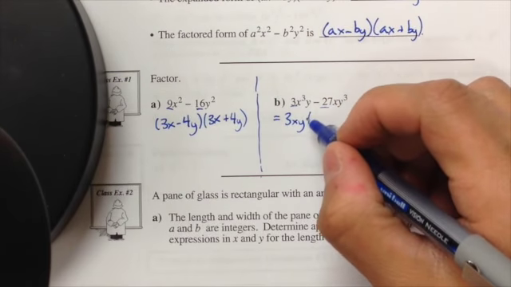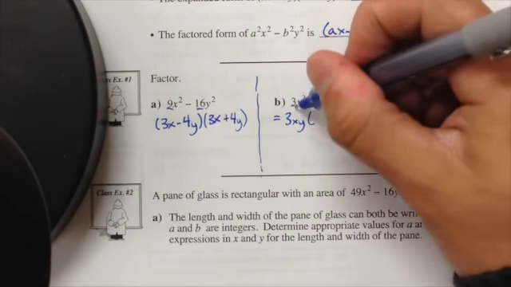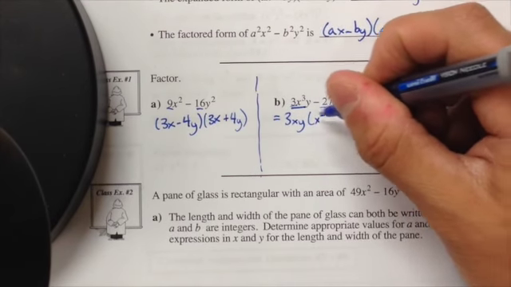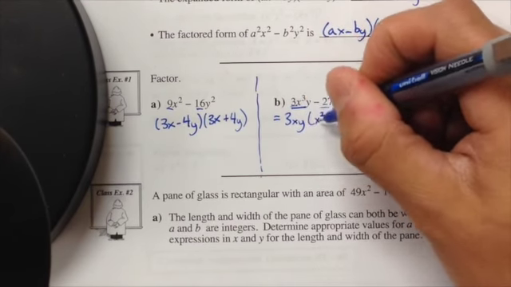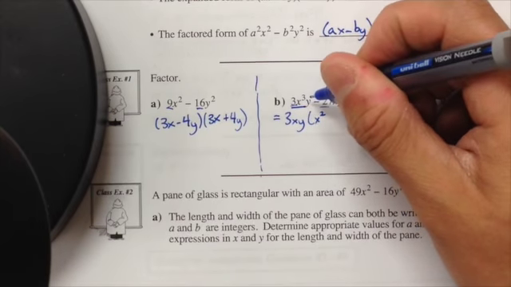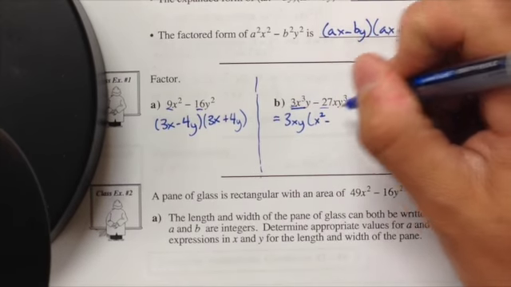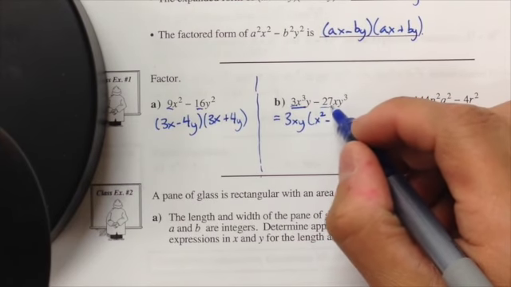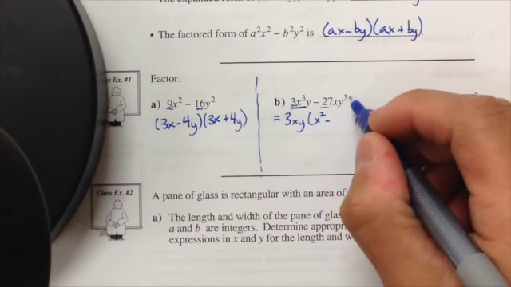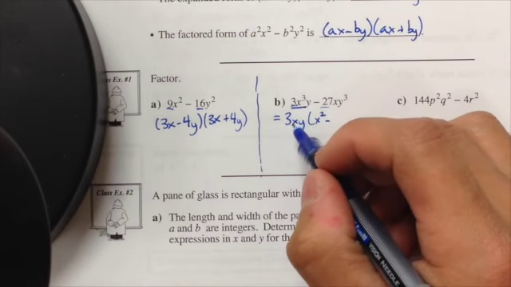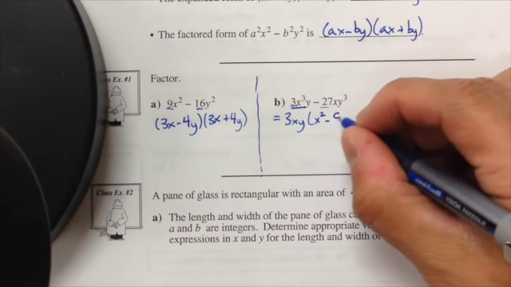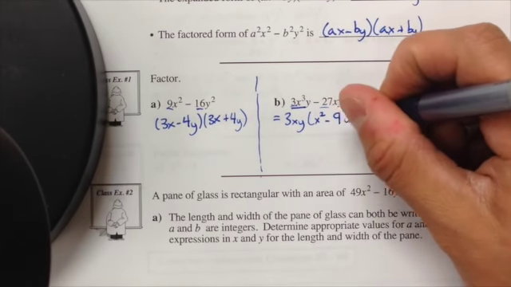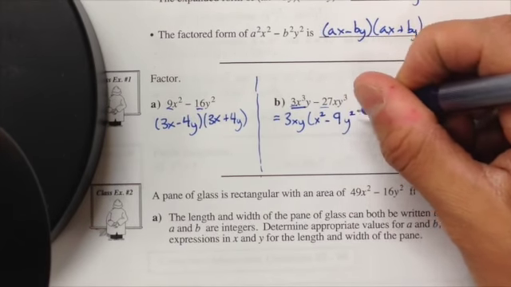Now if I take 3xy out of this first term, I'm going to be left with x squared, since 3xy times x squared would give me 3x cubed y. And then I'm going to subtract this term, negative 27x y cubed. But if I factor 3xy out of there, I'll be left with 9, which gave me 27, but also y squared.